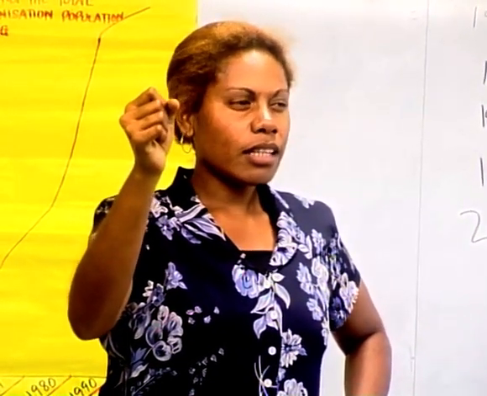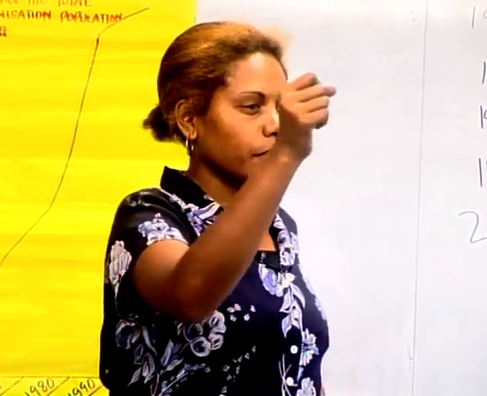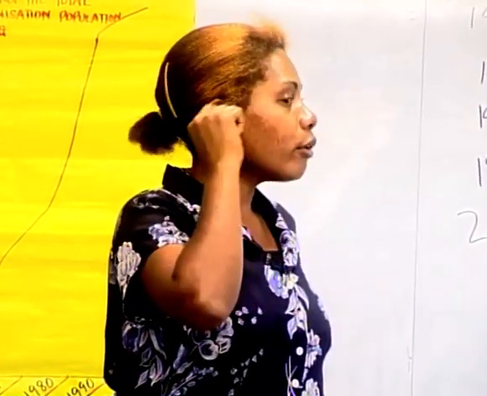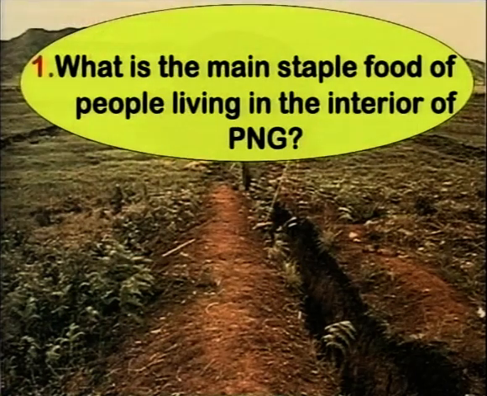All right, who hasn't had a turn yet? All right, Aaron, can you read out the question and give us the answer, please? All right, you others, just correct your answer. What is the main staple food of people living in the interior of PNG?